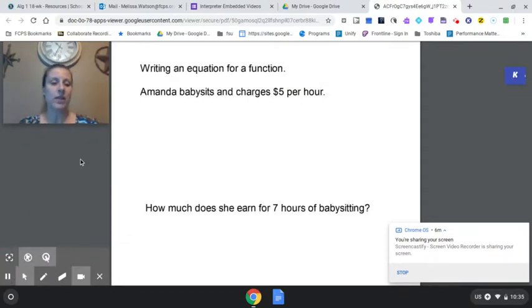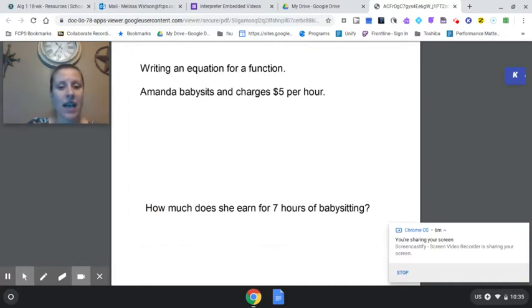So when we want to write an equation to represent a particular scenario, it's important that we identify the independent variable and the dependent variable. So here's an example of a function that we are going to write in function notation. And then we're going to determine the cost for 7 hours of babysitting. So it says Amanda babysits and charges $5 per hour.